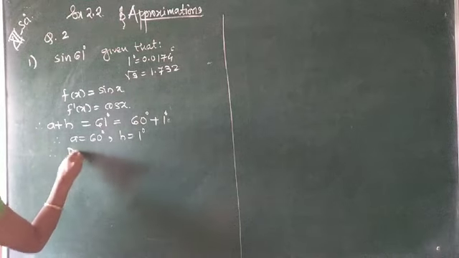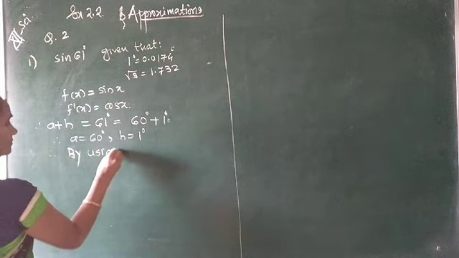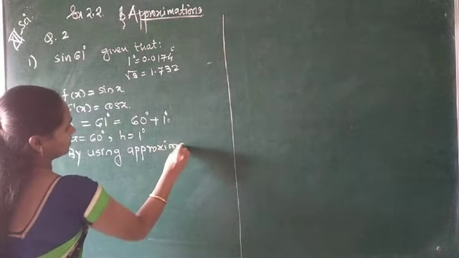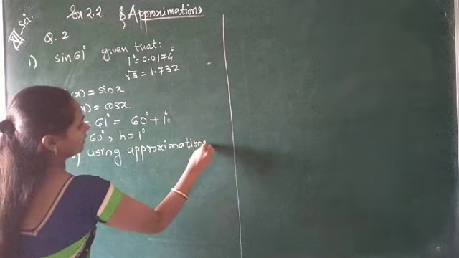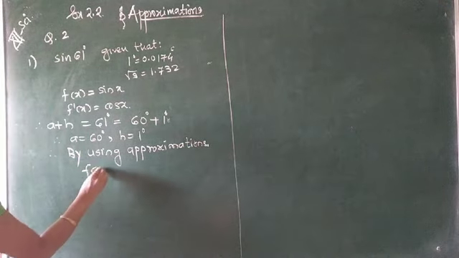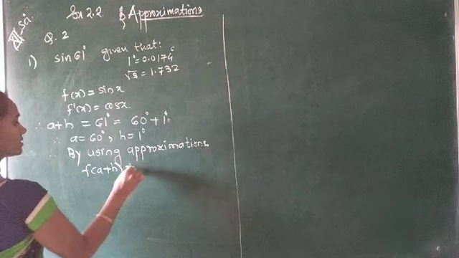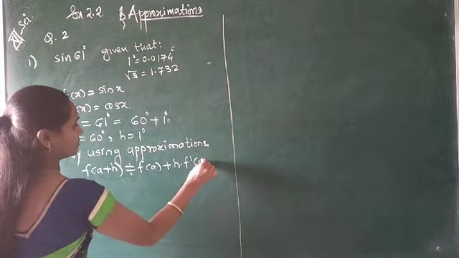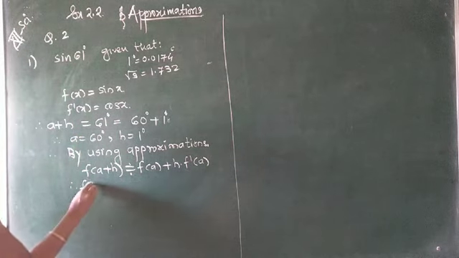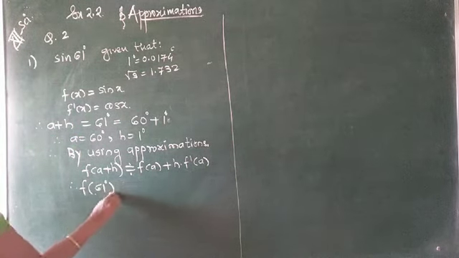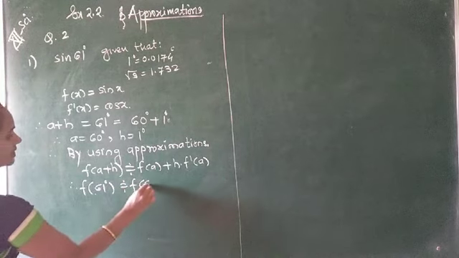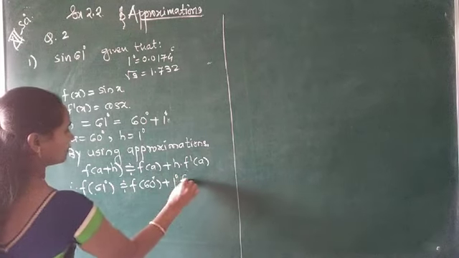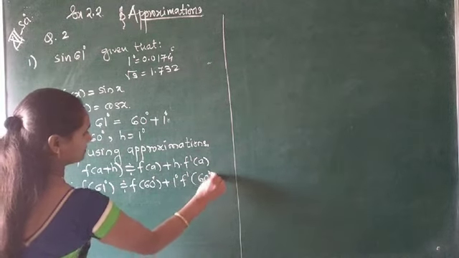Therefore, by using approximations, f of a plus h is approximately equal to f of a plus h into f dash of a. F of a plus h, that is 61 degree, is approximately f of a, means 60 degree, plus h, which is 1 degree, into f dash of 60 degree.